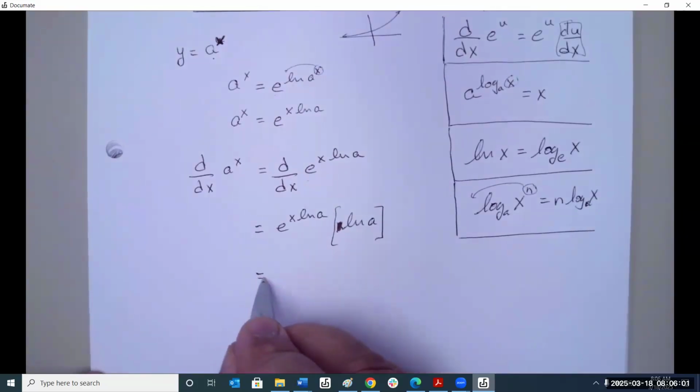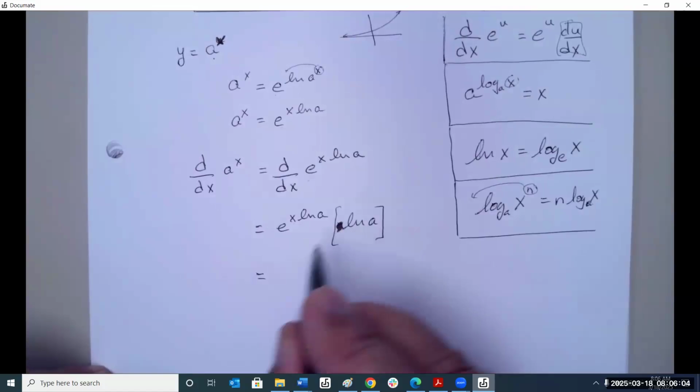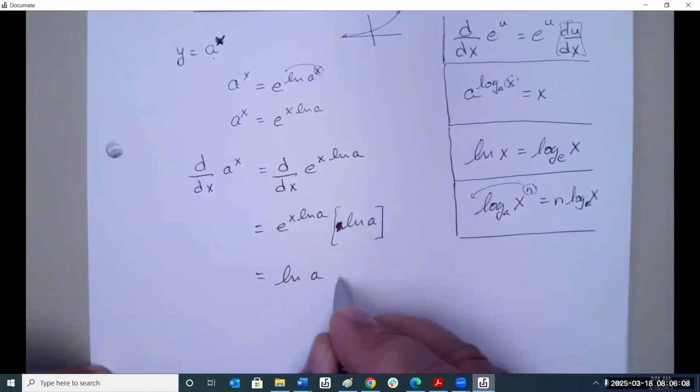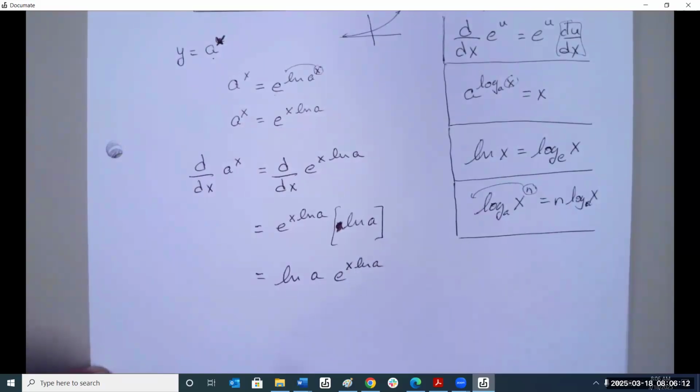So what we're left with is ln a times e to the power x ln a.